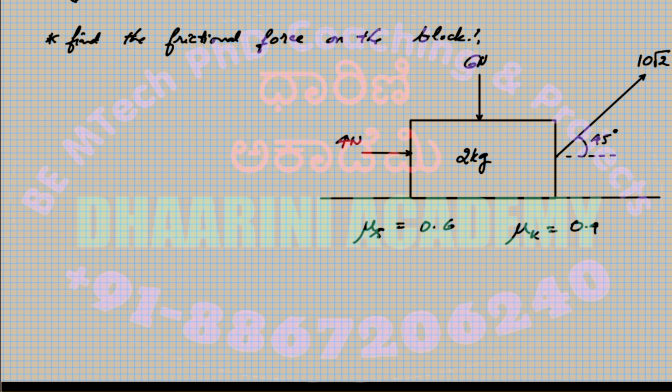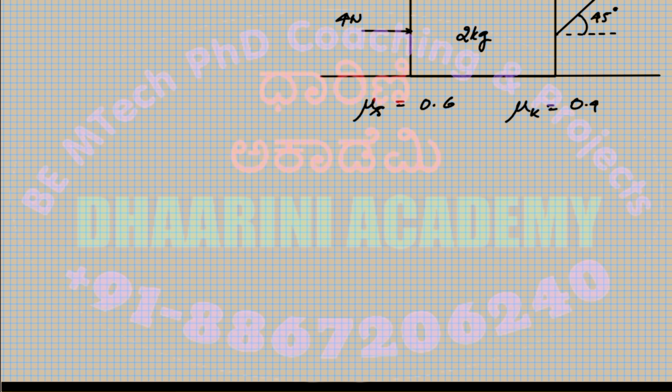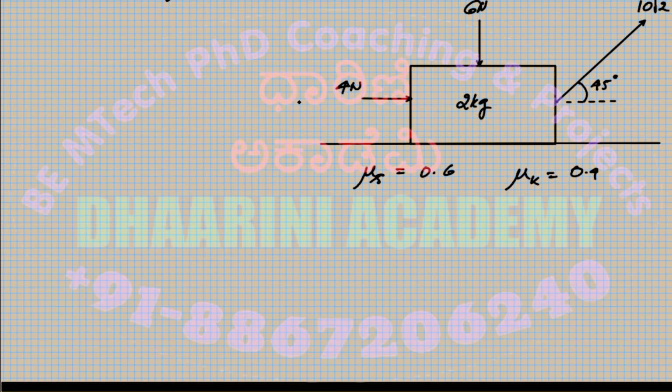So in this case, the first thing that we need to understand is that let's try to write a free body diagram first. Okay, so this is the free body diagram. Let us say this is the center of that object. Right. Now, how many forces are acting towards right? Right. One is 10 root 2.